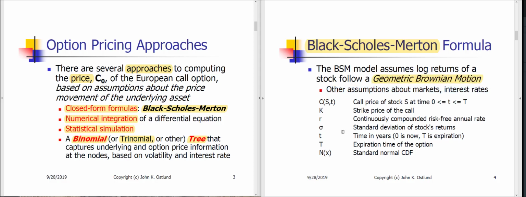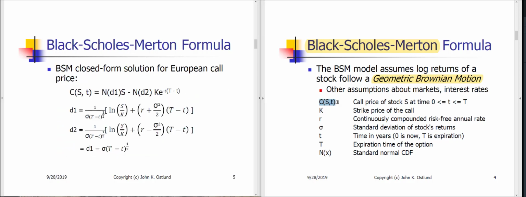That is, that log returns of a stock are normally distributed around some constant drift or rate of return. In the closed-form formula for the Black-Scholes model, C(S,t) represents the call price of some stock at time t. N(x) is simply the standard normal cumulative distribution function.